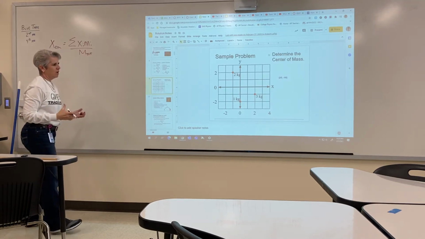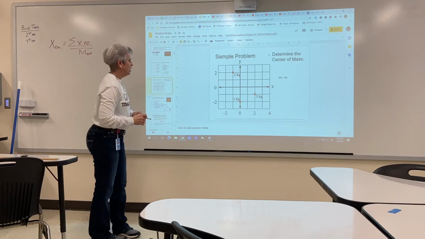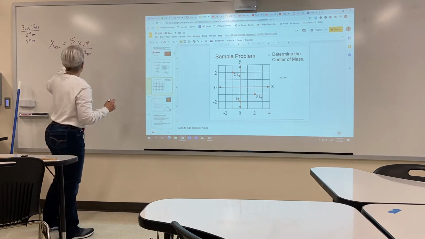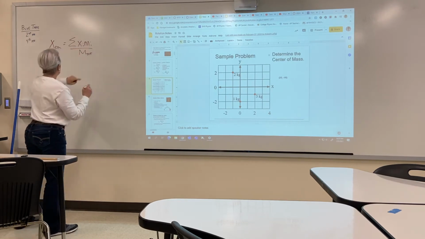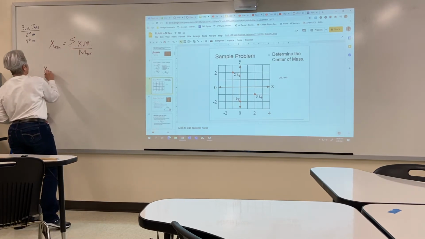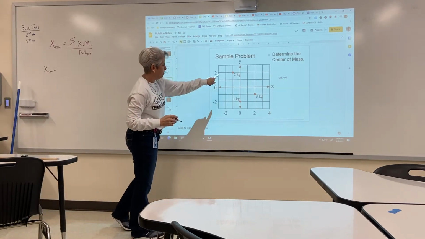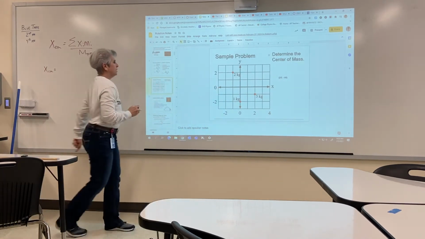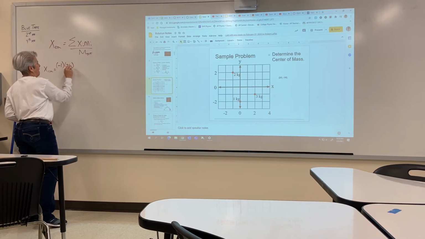So let's take the 2 kilogram mass, for example. The X position of this 2 kilogram dot is -1. So it would be -1 times the mass, 2 kilograms.